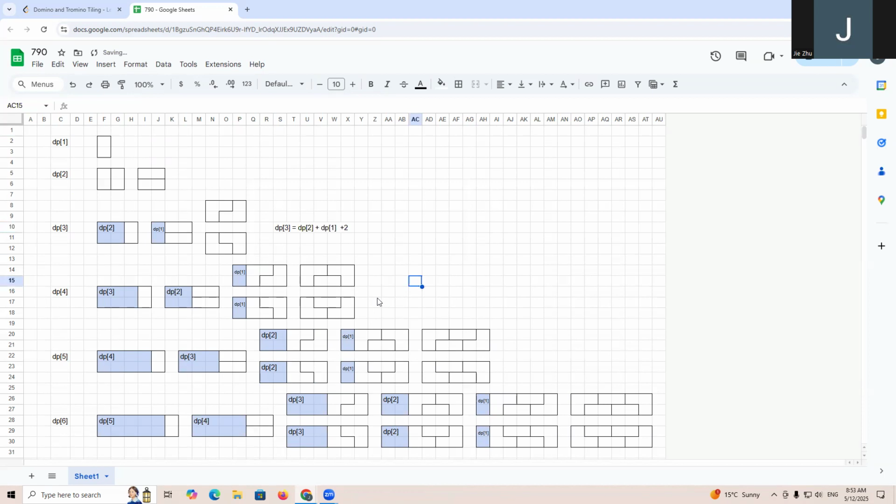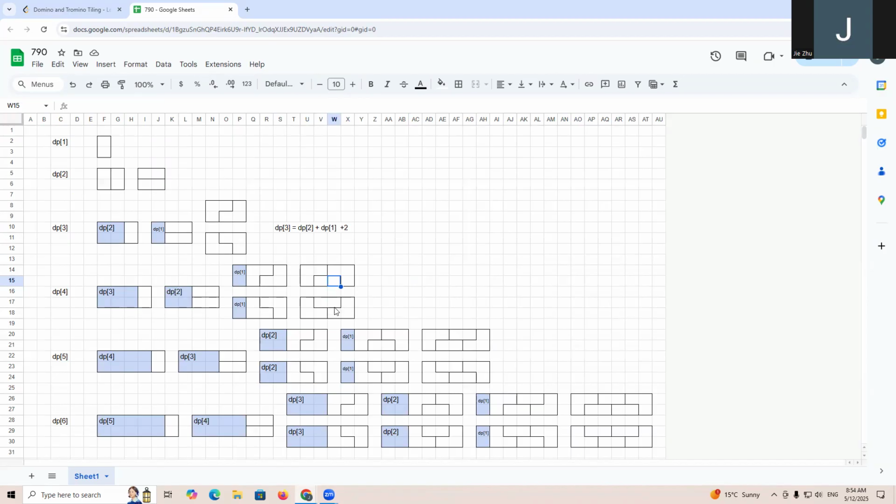And when it goes to dp4, we can come from dp3 and append a vertical domino, or from dp2 and append two horizontal dominoes, or from dp1, and dp1 can have this kind of tromino combination again. And also it can add another two states, that is using two trominoes and one domino.